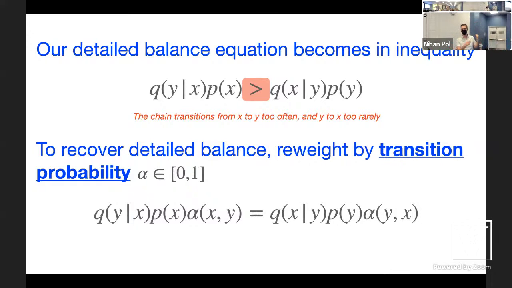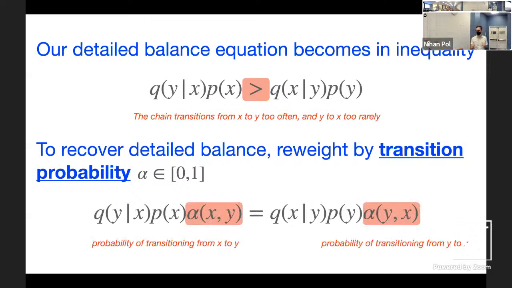So in this case where the left-hand side is larger, what I'm effectively saying is that the chain is too eager to go from X to Y and too reluctant to go from Y to X. So I have to give it a boost for going from Y to X, and I have to suppress it from going from X to Y. So I'm going to add to both sides of the equation these transition probabilities alpha, and these are numbers that have to be somewhere between 0 and 1, and they're going to just counteract the tendency for the chain to go one way or the other, so I get an equality back.